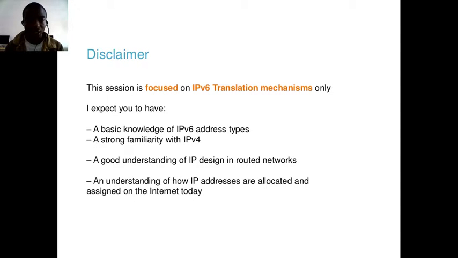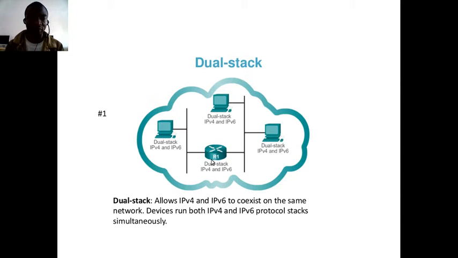Like I said before, we are going to be focusing on the translation mechanisms, even though we are going to have a brief review of the transition techniques that are involved with moving from IPv4 to IPv6.